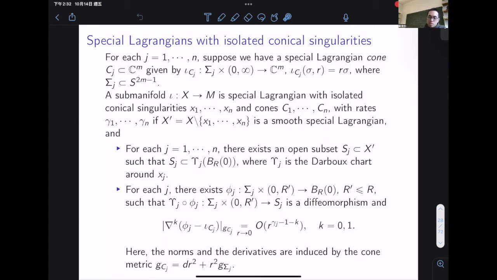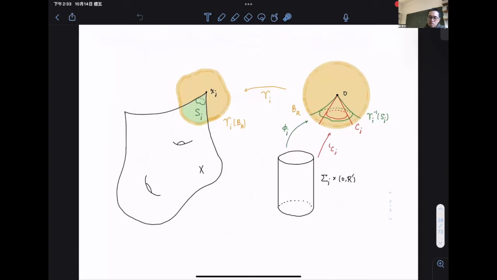And this phi and the standard immersion of the cone satisfy this decay property.